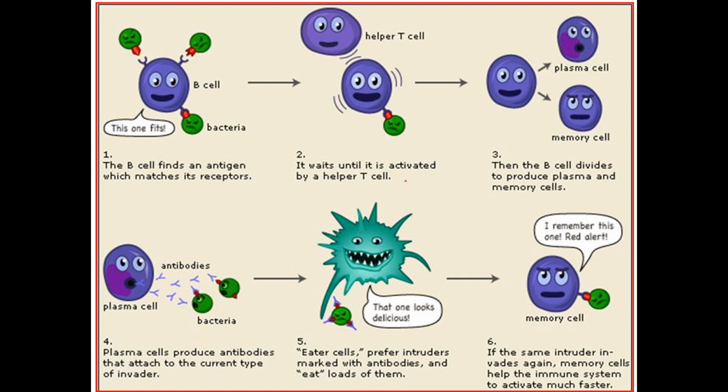Now the B cell gets activated and it produces the plasma cells. Those are the effector cells. And then the memory cells that are involved later on. Plasma cells make a whole bunch of antibodies, those proteins that are going to attach to these foreign antigens present in our body, helping to mark them for destruction by phagocytes that'll come and gobble them up and destroy them. And memory cells last long term.